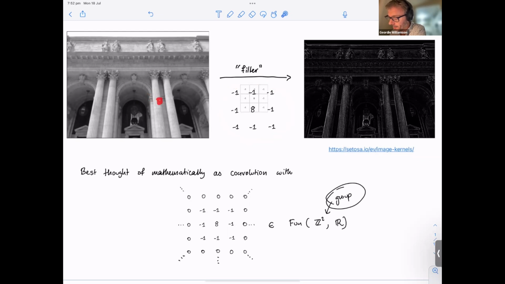This means I take the grid, and then I take the dot product with these numbers, and then I get this picture. Notice how this picks out these outlines, whereas in areas where there's not much change in color I just get darkness. When there's a stark change in color, for example here, it really shows up after applying this filter. So this is an example of applying a filter.